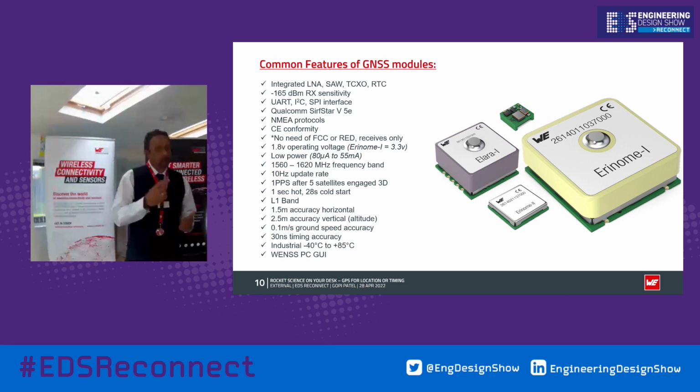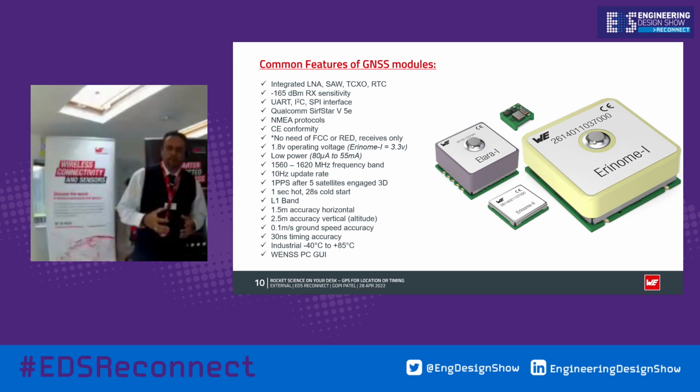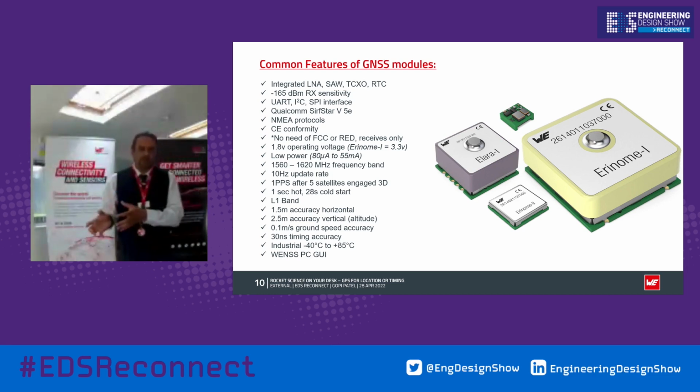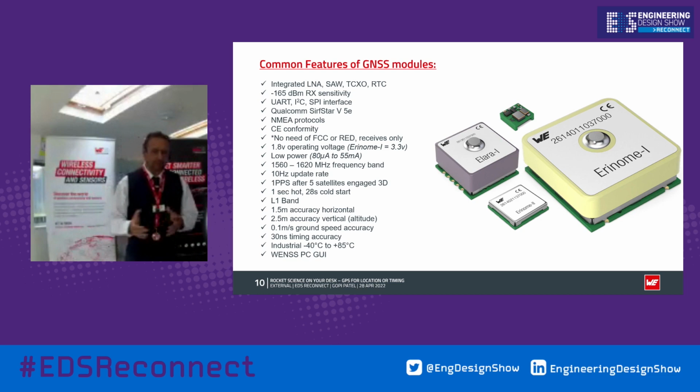And for that data, you can guess what you could expect: for example, altitude, longitude, latitude, speed, orientation with respect to the North Pole, and timing. So these are the fundamental information you want from any GNSS receiver, and that's what NMEA stands for. And NMEA also wants one more thing, which is baud rates. In the olden days, 50 years ago, 4,800 baud was good, so they continue that way.